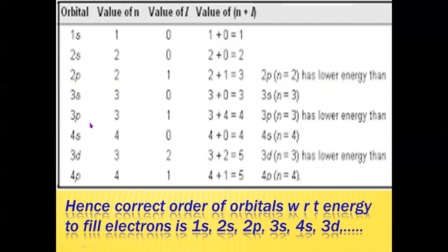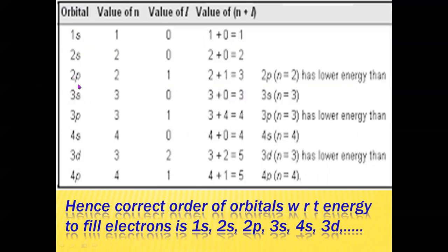This table shows you the values. For 1s it is 1, for 2s it is 2, for 2p it is 3, in this way. So we can arrange the orbitals in increasing order like this: 1s, 2s, 2p, 3s. Here comes the problem. Both orbitals have the same value, 3.